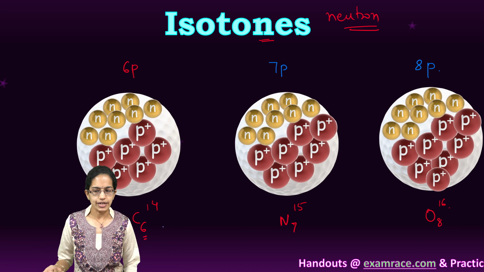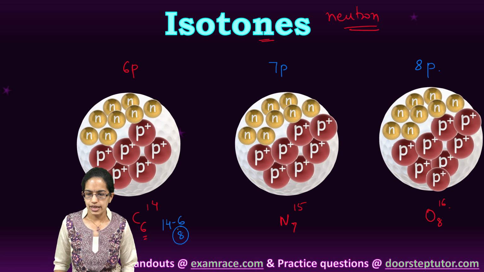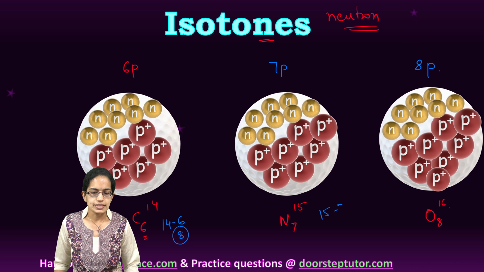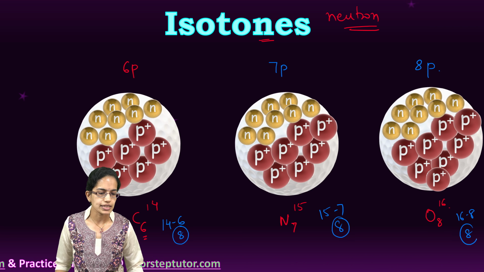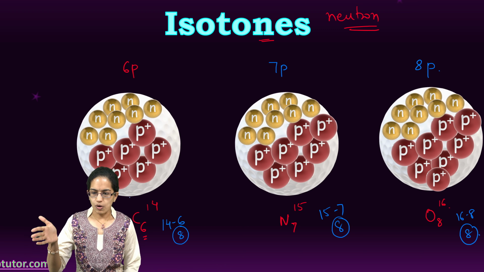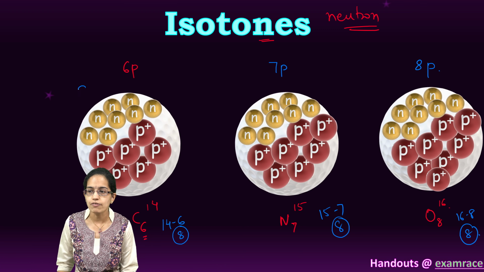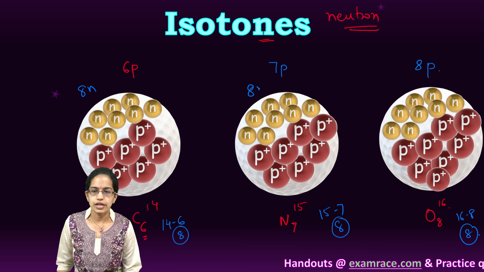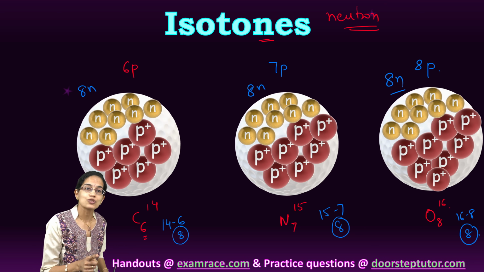Then we have the mass number that is given. So 14 minus 6 implies 8. 15 minus 7 implies 8. And 16 minus 8 implies 8 again. So that means all three, the atoms of carbon, nitrogen and oxygen that we are taking, would have 8 neutrons each, and therefore they are isotones.